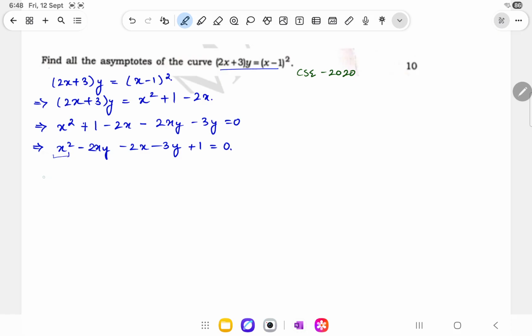So if I compare it with 0, I'll be getting 1 equals 0, but that is an absurd result. So we don't have any asymptote parallel to the x-axis.